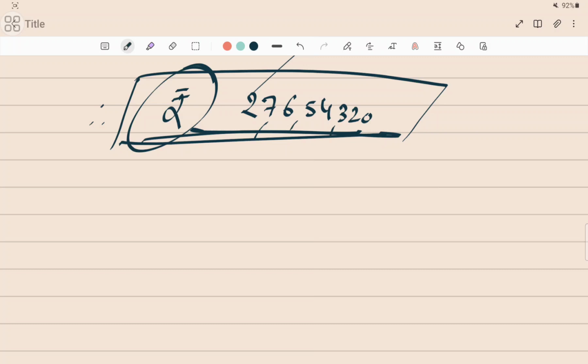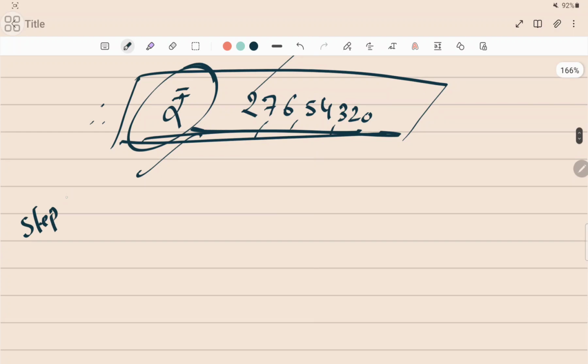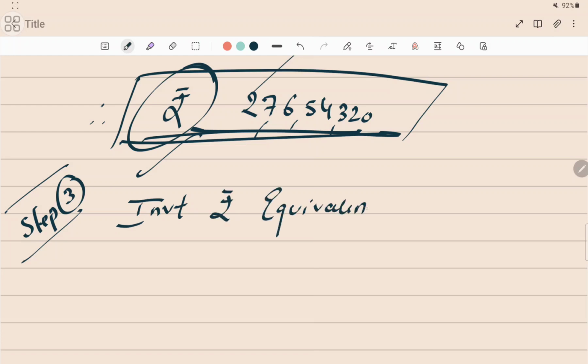Now this is rupee, my domestic currency. I'll invest this in an Indian bank at an Indian interest rate, which is 12% if I'm not wrong, but that 12% is per annum. So I have to get an equivalent 3-month rate, which is 12% into 3 by 12. So step 3 is invest the rupee equivalent for 3 months, in India, common sense.